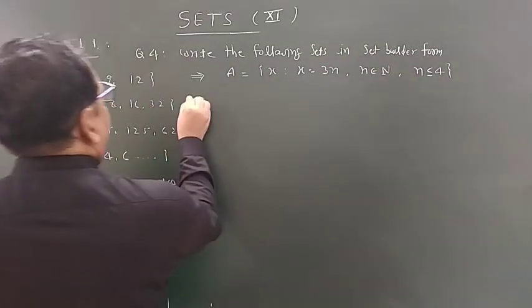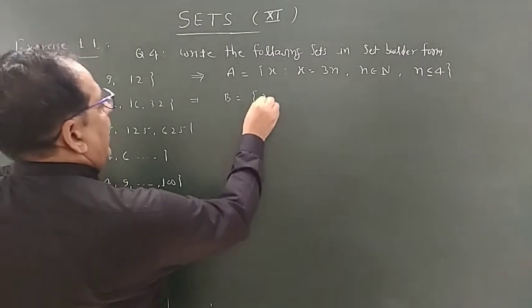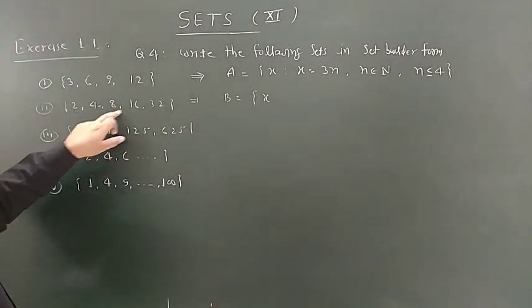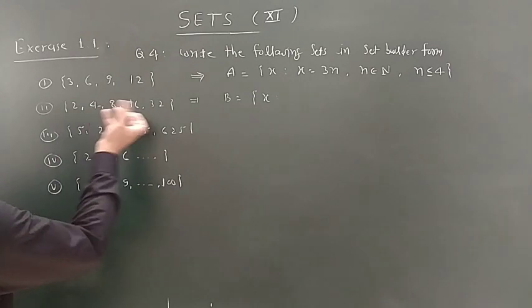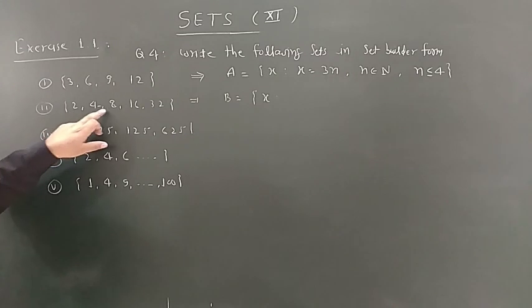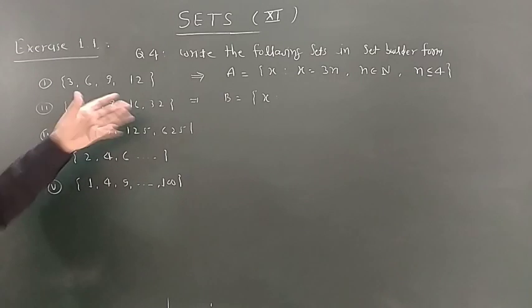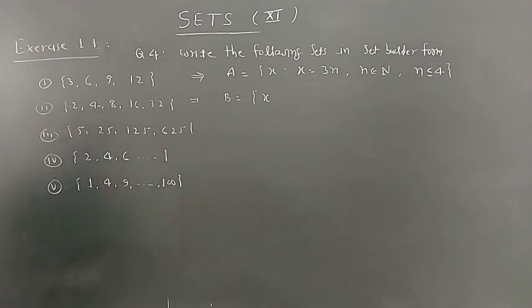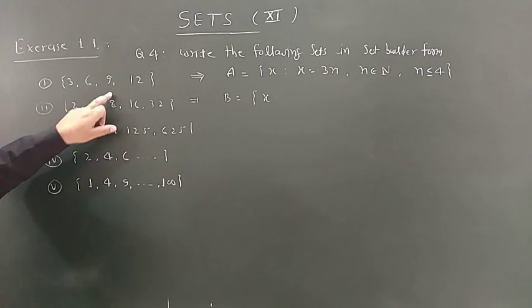Second one, B equal to x. Now 2, 4, 8, 16, 32. We are observing these in the form of multiples of 2, but some multiples are left out. 2 times 2 is 4, 2 times 3 is 6 is left here, 2 times 4 is 8, 2 times 5 is 10 is left. So these are not multiples of 2. So what is the format here? If we observe, 2 to the power 1 is 2, 2 to the power 2 is 4, 2 to the power 3 is 8.